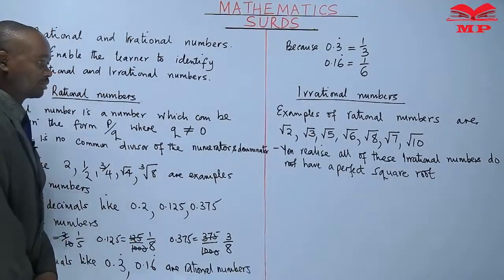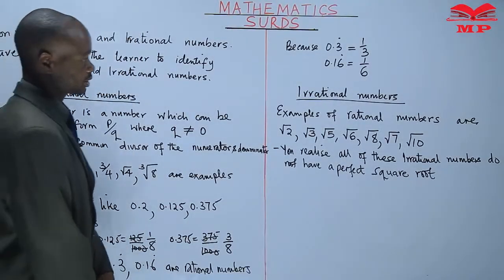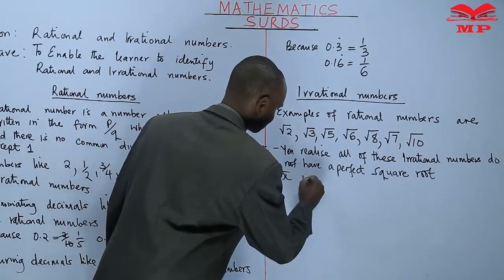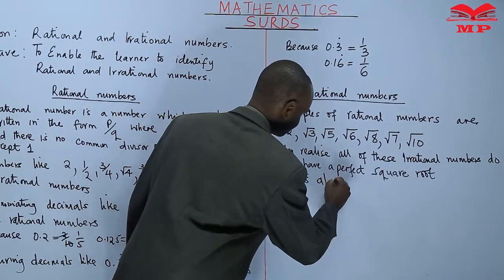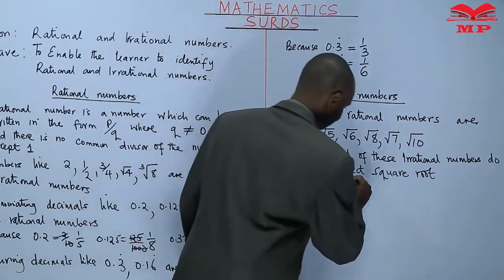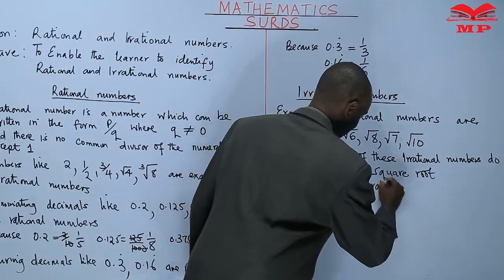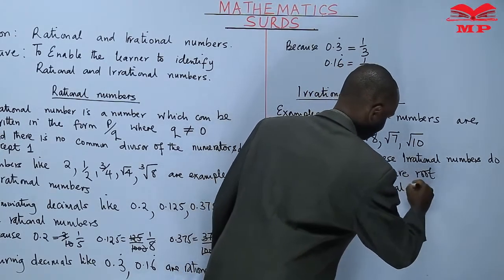They do not have a perfect square root. You are also told pi is also an irrational number.